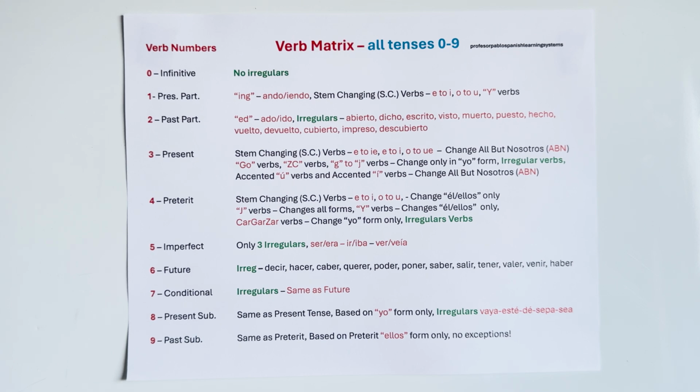And guess what? When you tell a friend to do something, a positive command, the tú command, the familiar command, all that is the él/ella form of the present tense. So if you know the present tense, without realizing it you already know how to give commands to any group of people, to a friend, to somebody you're on a last name basis with.